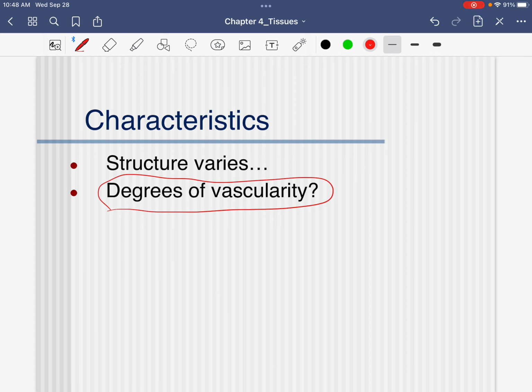Epithelial tissue has a good blood supply, pretty much everywhere. Muscle tissue, good blood supply, pretty much everywhere. Nervous tissue, good blood supply, pretty much everywhere. But it is connective tissue. Some connective tissues have a great blood supply, some have a very poor one. So I'm just going to plant that seed as well.